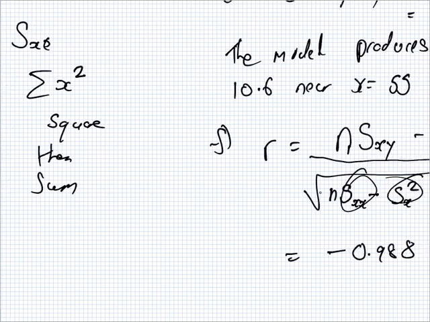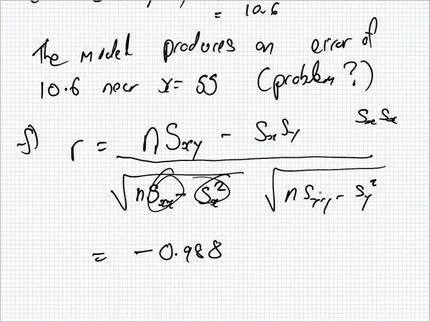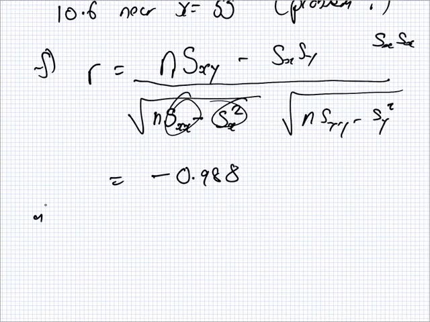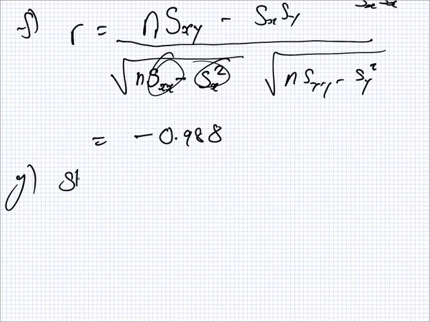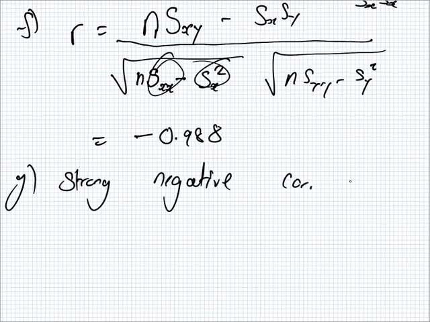Right. Interpret your value for r. Say strong negative correlation.